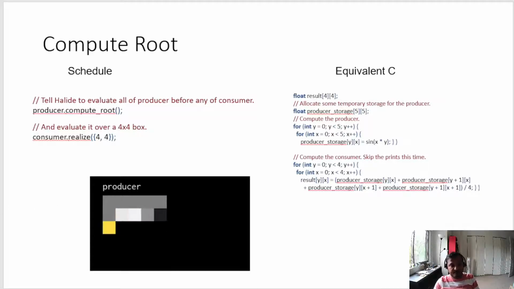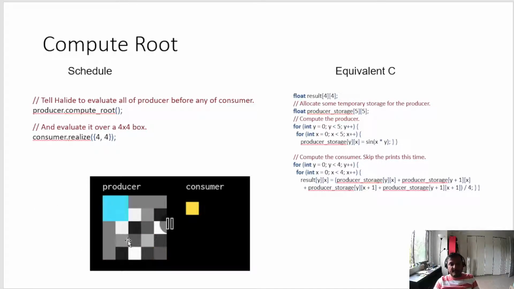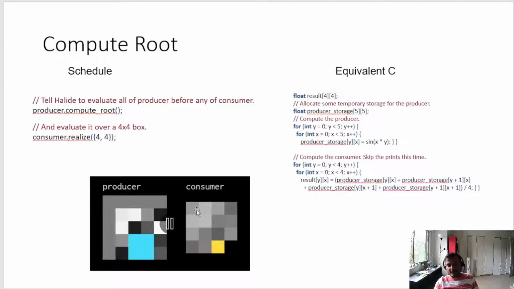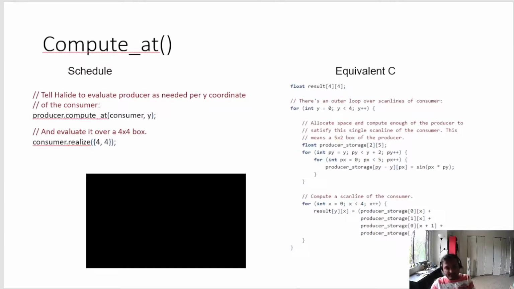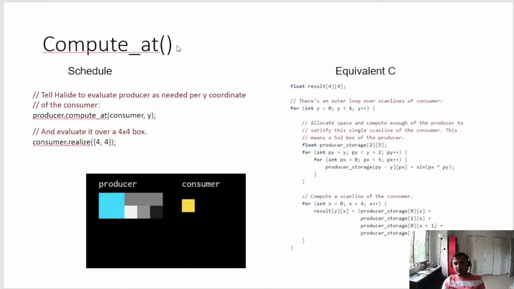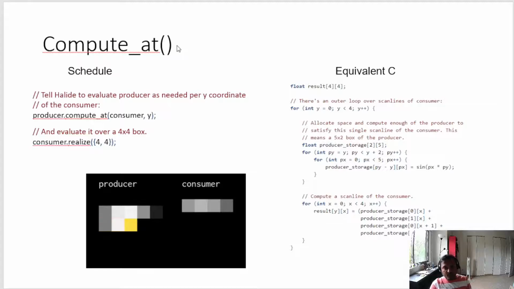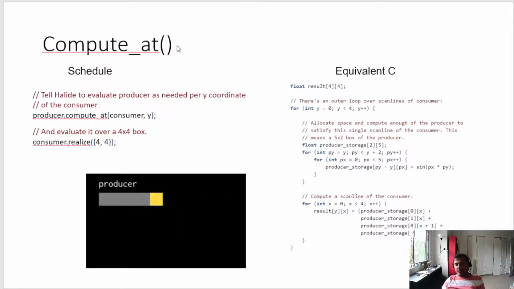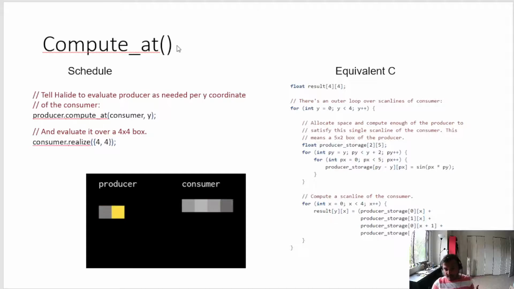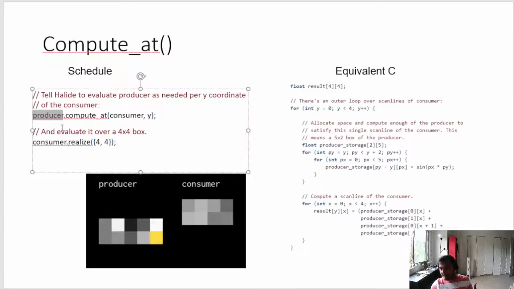So let's say for the first row of my consumer, the whole of the producer is not required. I only need the first two rows. And that's where we come to this whole compute root. What compute root does is it tells Halide to compute a particular stage only when needed.